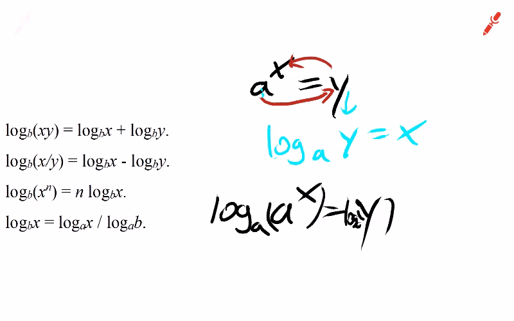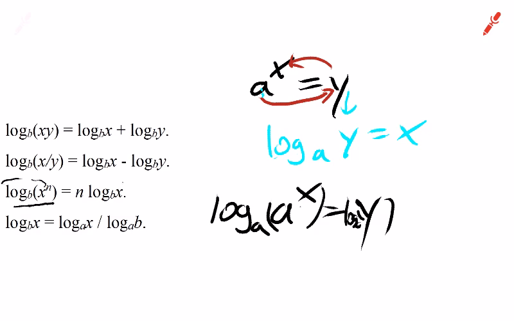Okay, just another rule we can cover right here. Why does it work? If you look over to the left, rule number 3, if you have an exponent, you can pull it out in front. So log base b of x to the n is equal to n times the log base b of x.